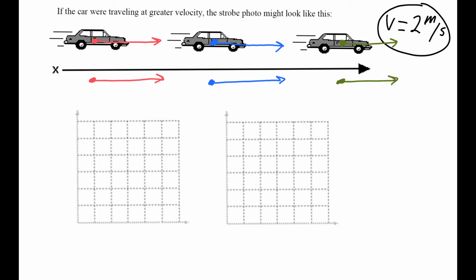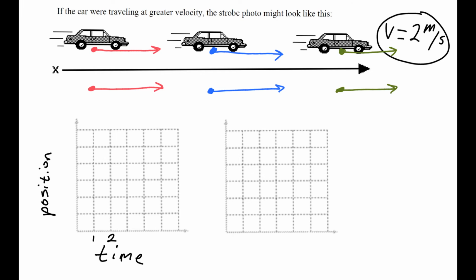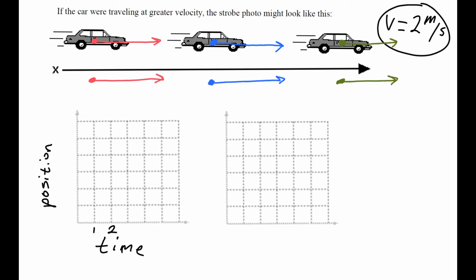Now what we need to do is set up our x and y axis for a position time graph. So we have time here, and we have position, and our time is going to go from 1 to 6 again. And our position will also go from 1 to 6.